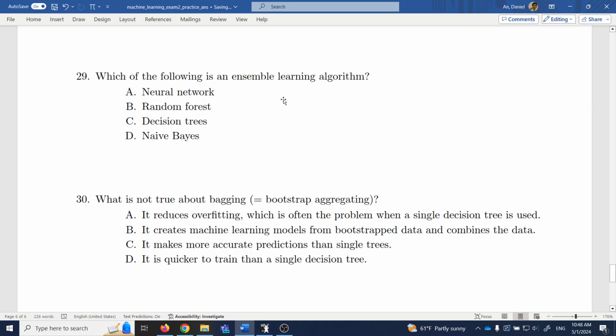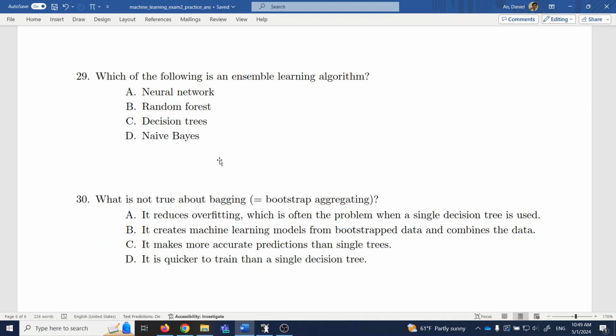Which of the following is an ensemble learning algorithm? The last two questions are about the random forests, and you just have to know the concept of a random forest. We call it the random forest algorithm because it's made of many different decision trees. The problem with the decision tree is that it's known to be very fickle depending on the training data.